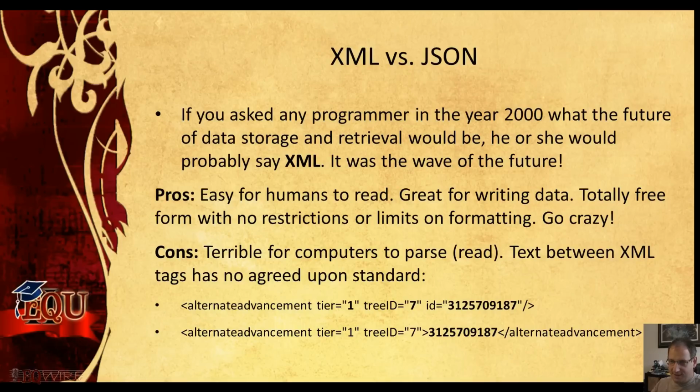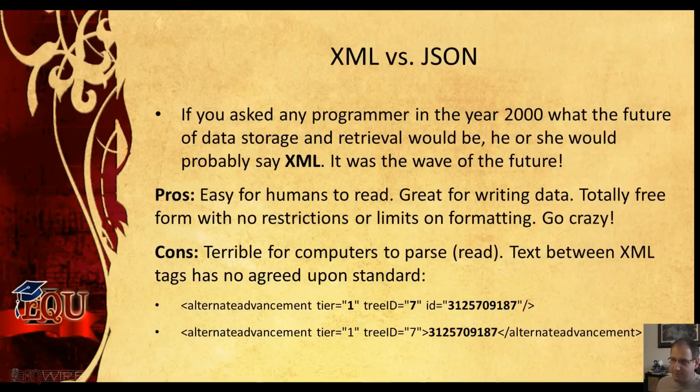The example here is the one that I like to give. Alternate advancement. Tier equals 1, tree ID equals 7, ID equals 3125, etc. That's simple. What do you do with that second line? Yes, your tier equals 1. Yes, your tree ID equals 7. There's no agreed upon standard of what to do with that number between the 2 brackets.